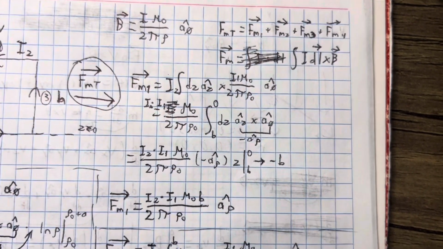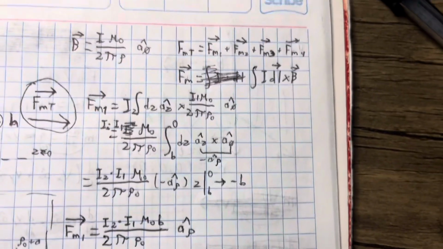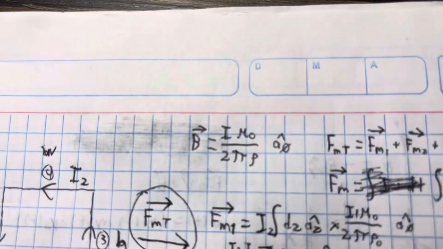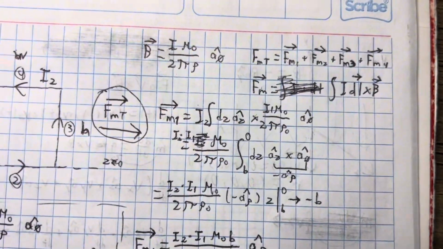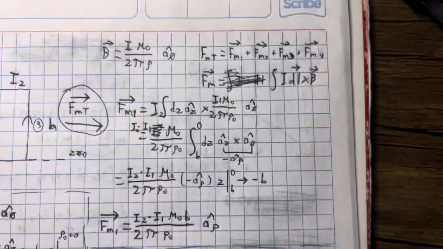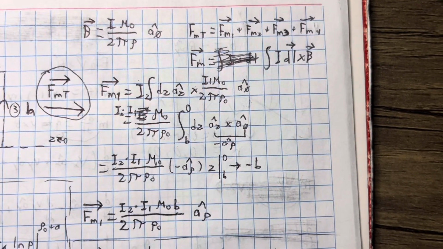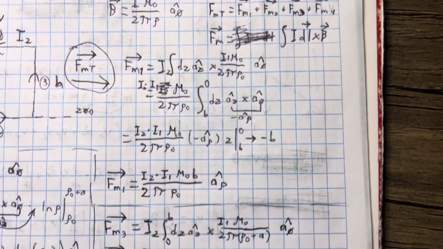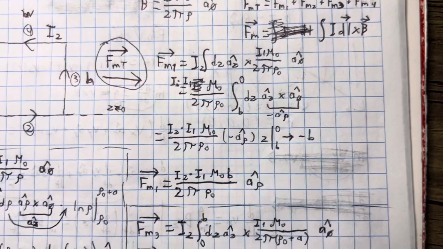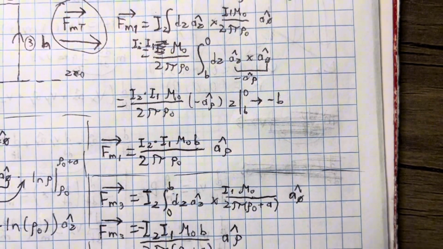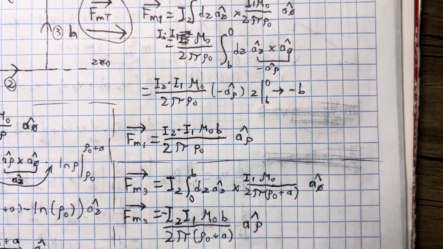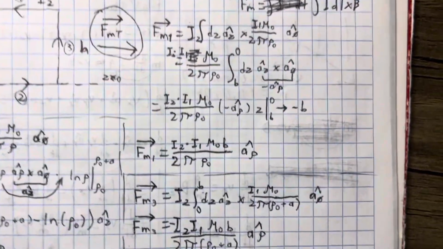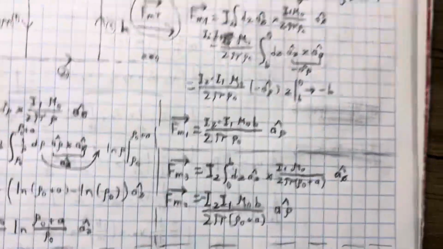When we perform the cross product between the phi vector from the magnetic field and the z vector from segment 1, we get minus rho vector. But when we perform the integral, we will also get a negative number for z, so the negatives cancel out, and we get the force in segment 1 in the positive rho vector, and that's the final formula.